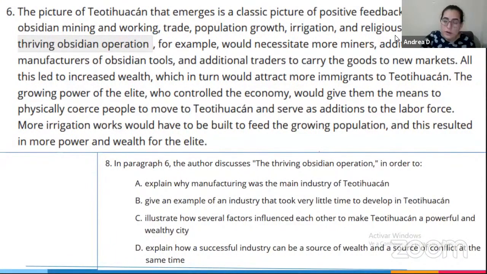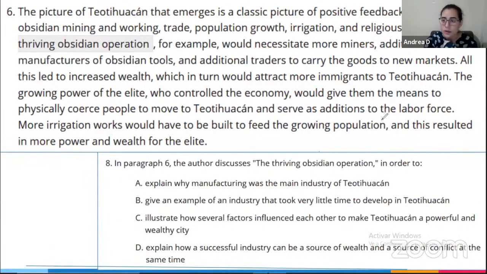Let's see. Anybody else has a different one in mind? Or you all agree with me? Okay, so I have a pretty useful tip here for this type of question.